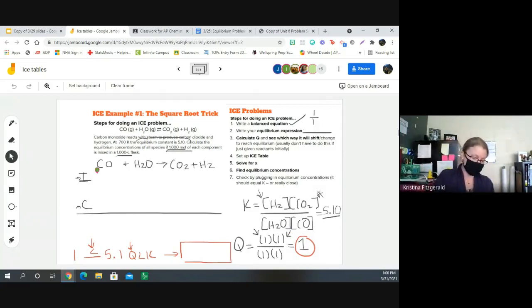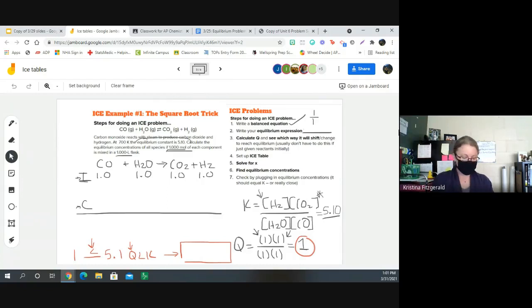So I can fill that number in on my initial row here, because I do know initially where everything's at, concentration wise. And Q tells me where I'm at in terms of all of these concentrations. It's like a little snapshot in time of where the reaction is. So right now Q is 1. So if I plug 1s in for all my things there, and multiply 1 together and divide by 1, I'm going to get 1 for my answer.